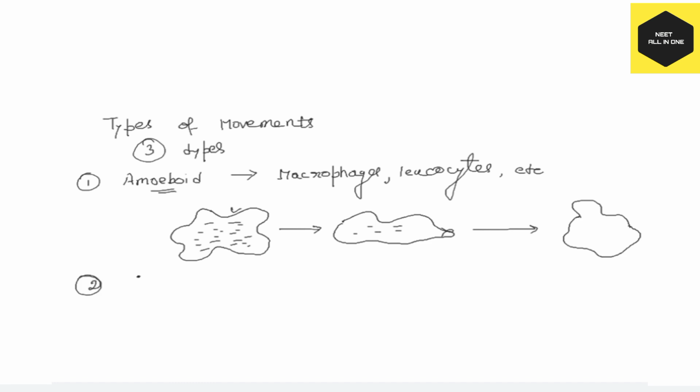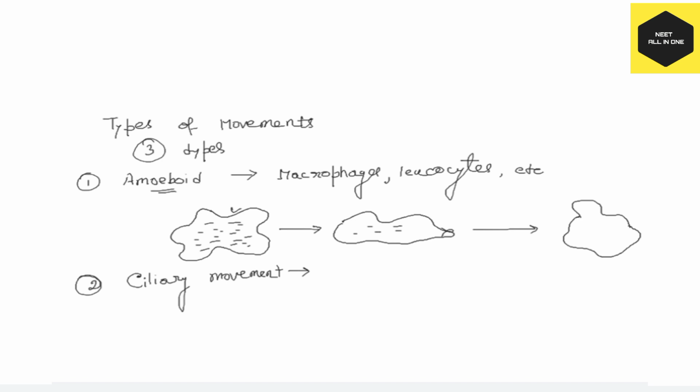Next come to ciliary movement. Now what is ciliary movement? See, this movement you can find in our respiratory tract. Then you can also find it in our human reproductive system.